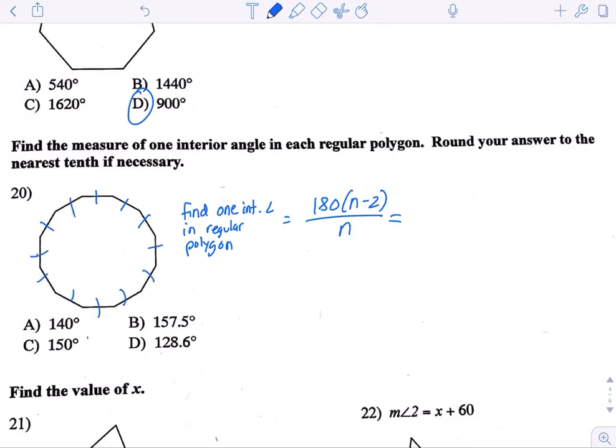So there's 12 sides, so n is 12, so 12 minus 2 all over 12. We got 180 times 10 all over 12. So 180 times 10 divided by 12, you guys, is going to give you 150 degrees. So it's going to be C.